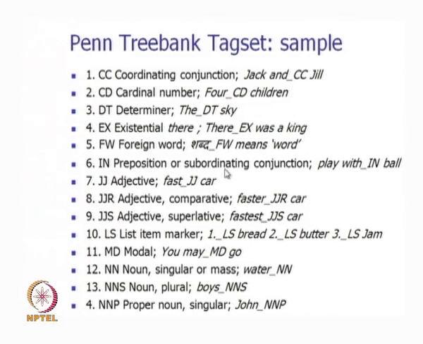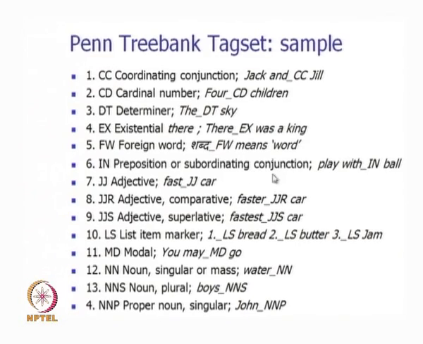IN is preposition or subordinating conjunction. So, for example, play with ball, with_IN is the entity here and IN is the tag for with. This can also be used for subordinating conjunction. An example we can see later. JJ stands for adjective. Many times people have wondered where this JJ is coming from.